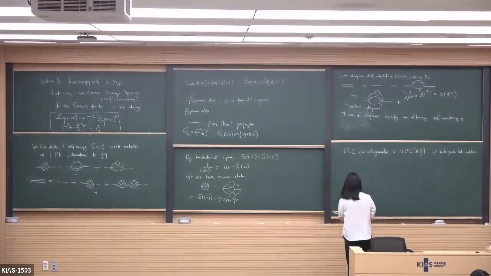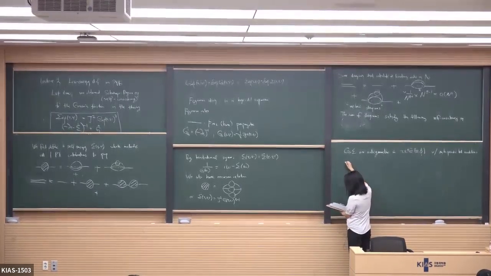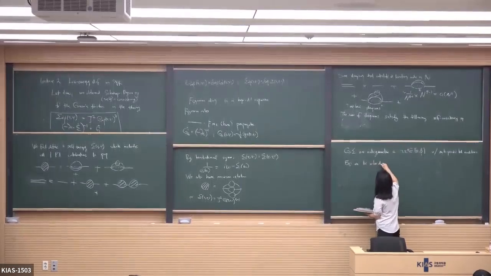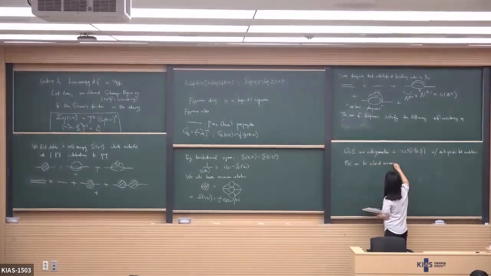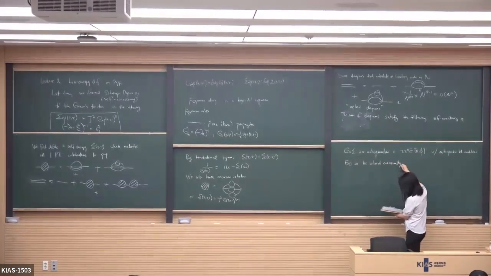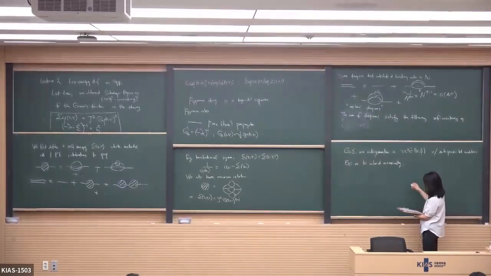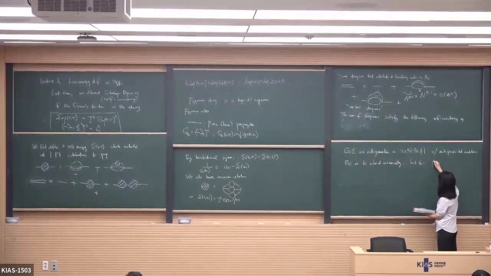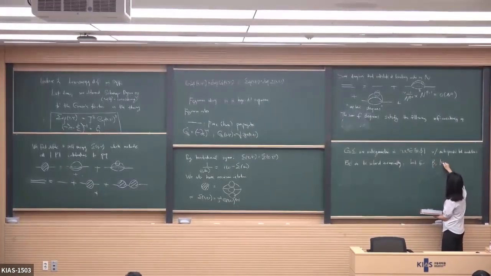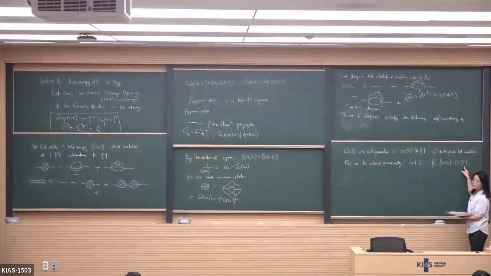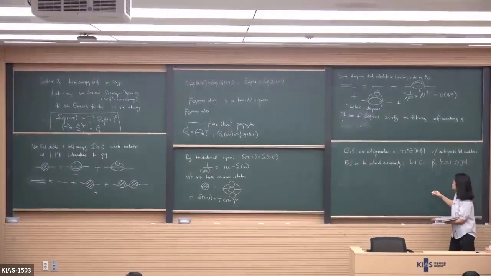The equations can be solved numerically for general values of the temperature, but for both the inverse temperature and the time difference much greater than the coupling inverse, we have an analytic solution.